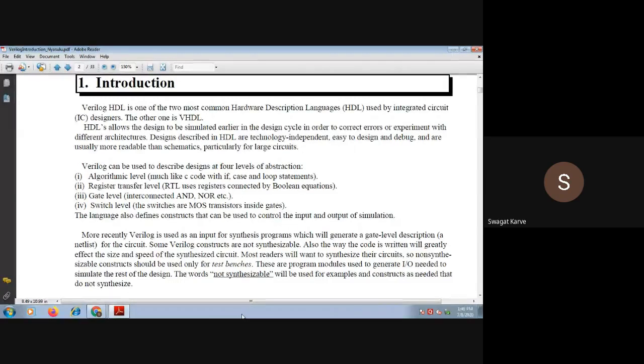As I told you, HDL has two types. First one is Verilog, second one is VHDL. The VHDL part we have studied, and now it's time to go for the Verilog part.